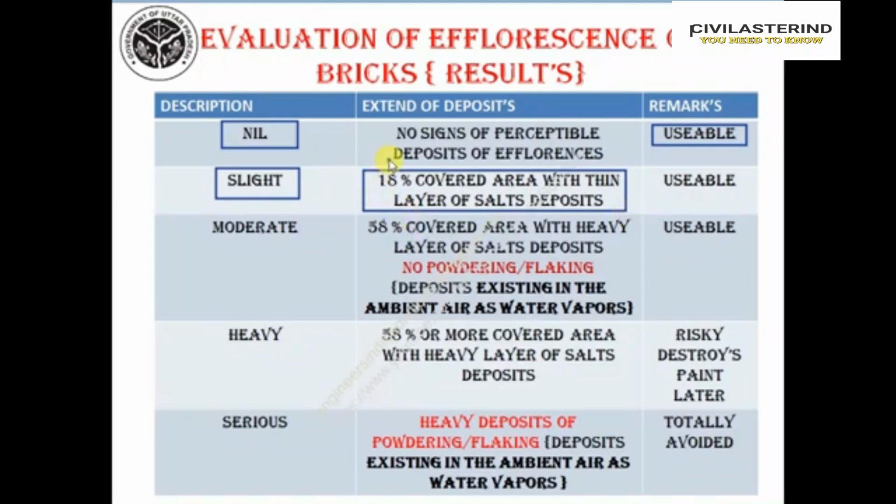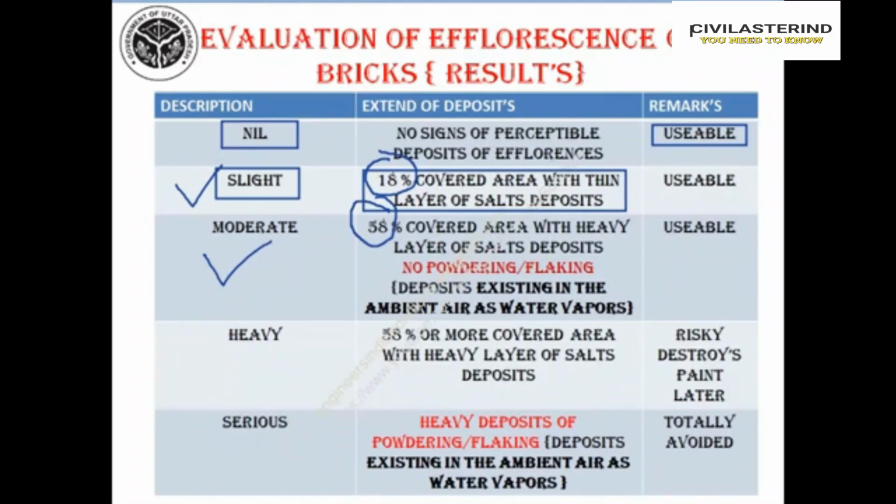This has to be not more than 18%. Then it comes under the heading of slight. Then it is for the moderate one. So here the level is 58%, and this 58% area is taken up for the covered area or the surface area.